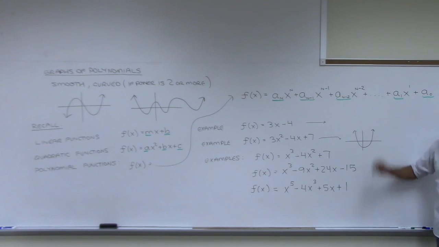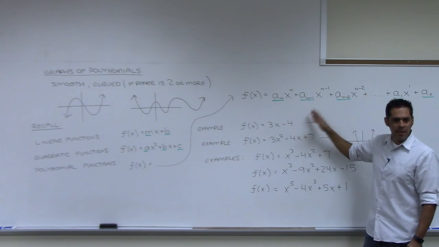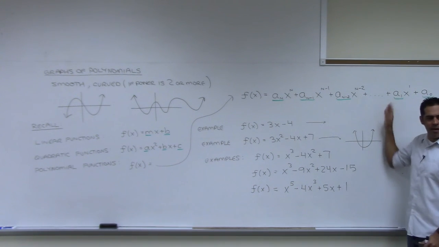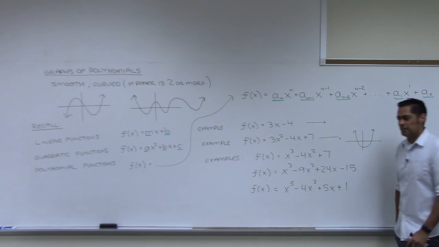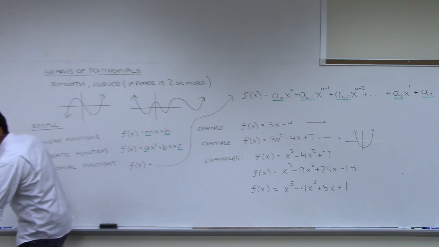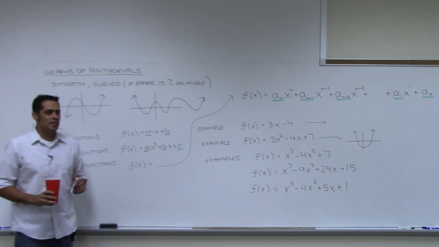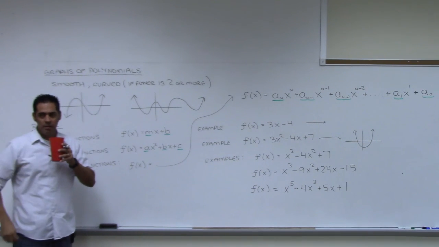Why in the hell would we do that? Why not just say a, b, c, d? Why not just use letters instead of using those weird subscripts? I'll offer 3 points to anyone who can tell me why we might use that instead of, yes, very good.